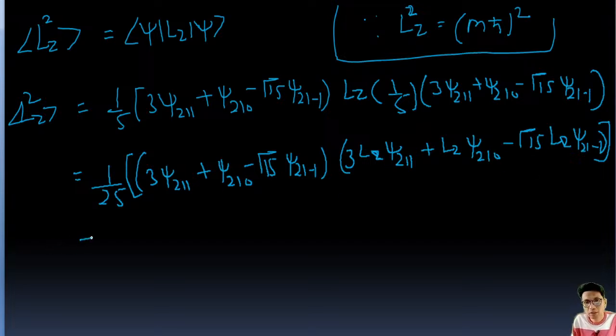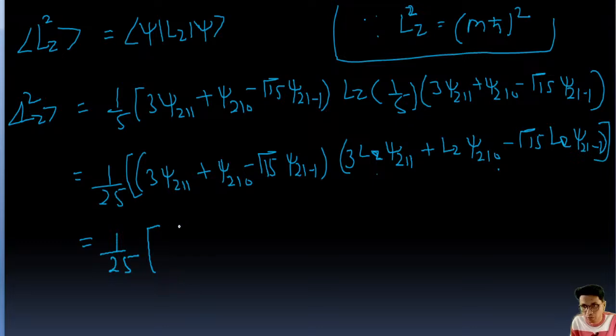This is the one. So now 1 upon 25. So here you can see Lz, so the value of Lz is m h cut, and the value of m is 1 here, right? So 1 h cut, so here it is going to give h cut square. Here this value is going to be 0 because the value of m is 0. Here it is minus 1, so m h cut, so the value of Lz is going to be h cut square, right?